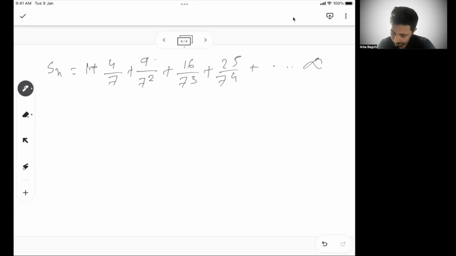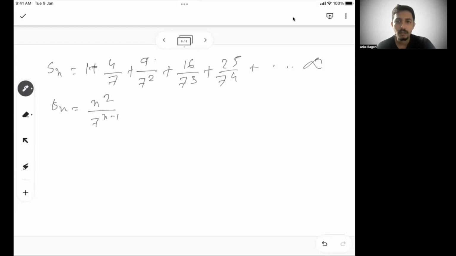So can I write my Tn is equal to n square by 7 to the power n minus 1, because my first term is 7 to the power 0, second term 7 to the power 1, third term 7 square, fourth term 7 cube. So my Tn is n square by 7 to the power n minus 1. So this is my Tn.